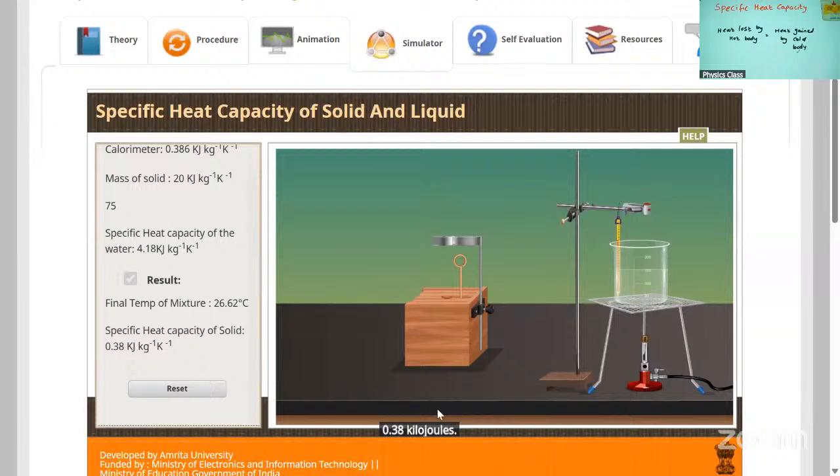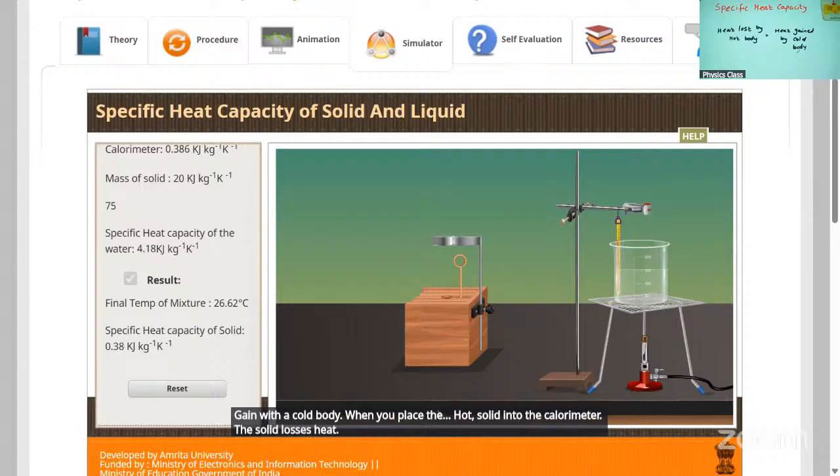Applying the principle of calorimetry, heat lost by the hot body equals heat gained by the cold body. When you place the hot solid into the calorimeter, the solid loses heat and the water and the calorimeter gain heat.